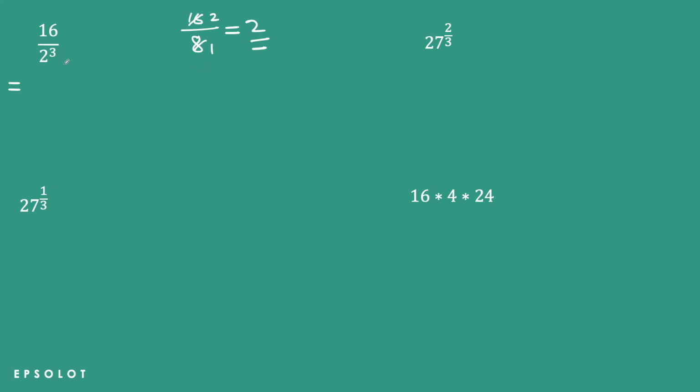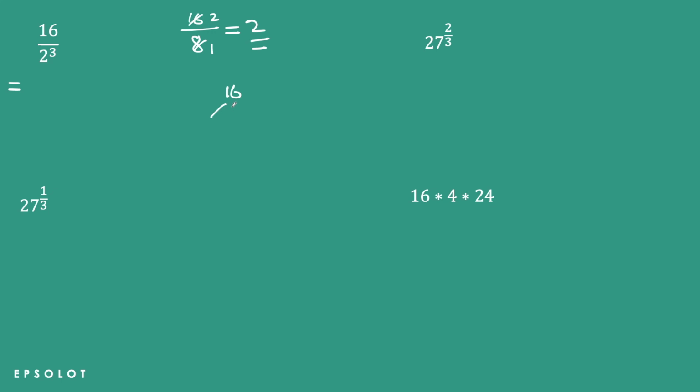But another way to do it using exponentials would be to convert the numerator into an exponent. So can we rewrite 16 as an exponent? Let's try it out. What two numbers can you multiply together using the number 2?